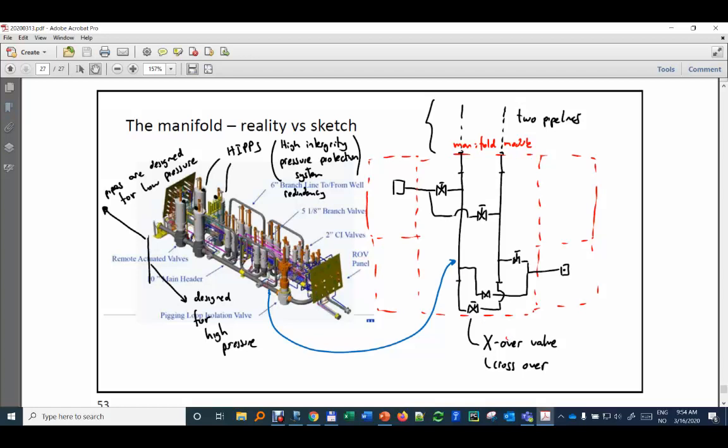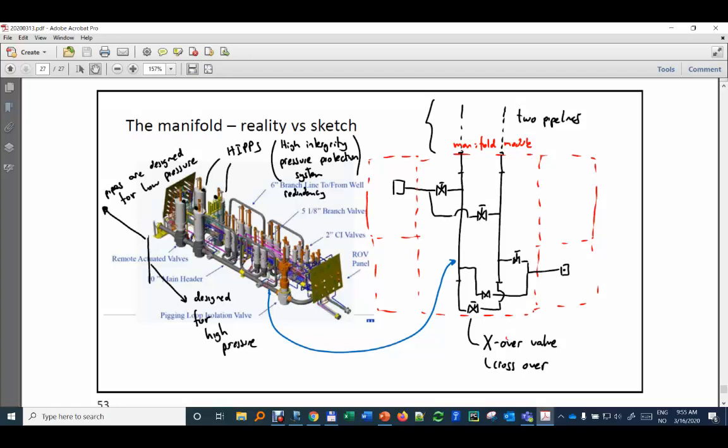Then we have these two valves, which are called the HIPS, High Integrity Pressure Protection System. They are typically in place because the system downstream of the manifold is made for a low pressure rating. If you close production on the separator, it won't tolerate full reservoir pressure, which might be 200, 300 bar.